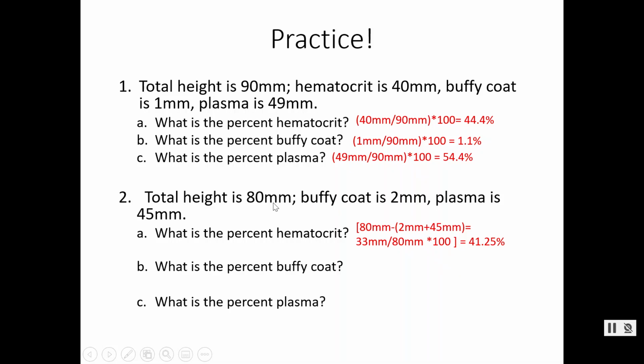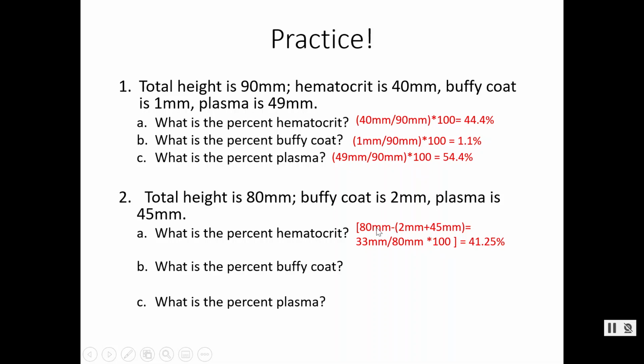If our total height was 80, and 2 of those came from buffy coat and 45 of those came from the plasma, what is left? That would leave us 33 millimeters for the hematocrit, divided by the total height, which would be 80. We multiply by 100 to get a percent. That leaves us with 41.25%, or again, if you only want to round to one decimal place, 41.3%.